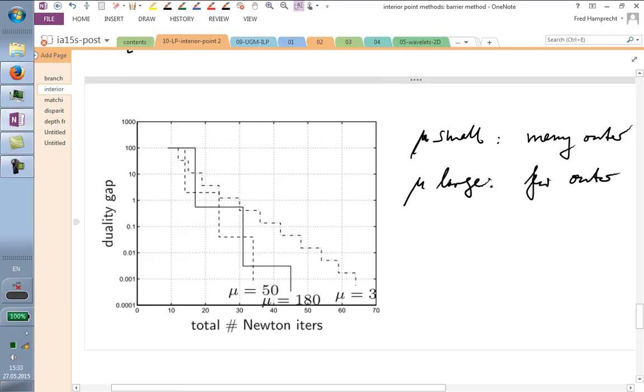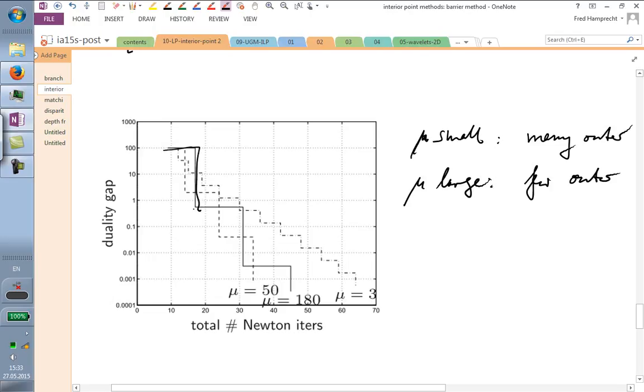Lower is better as a function of the total number of Newton iterations, so the total number of inner iterations. And you see that if we increase the pulling force in big steps, then we need very many inner iterations before we get to some good enough performance level.